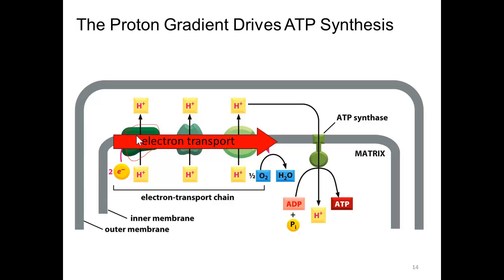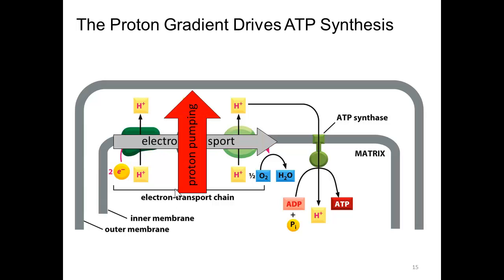Anyway, the high energy electrons get donated to this protein complex, and we're transferring electrons within the membrane laterally from the high energy protein complex to the medium energy protein complex to the lower energy protein complex. And this process drives another vectorial process, which is the pumping of protons or hydrogen ions from the inner mitochondrial membrane matrix to the inner membrane space.